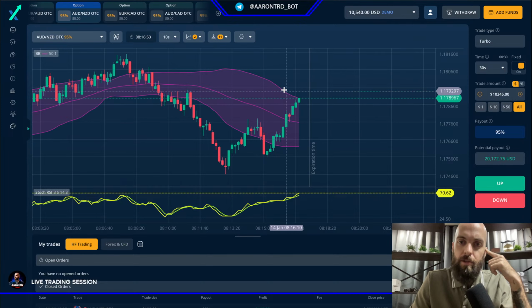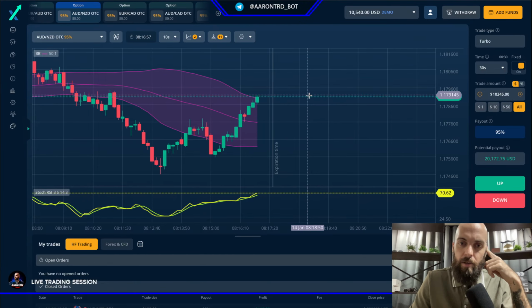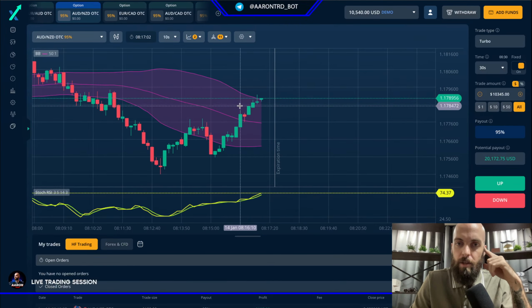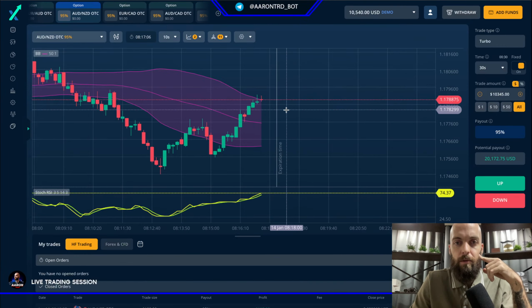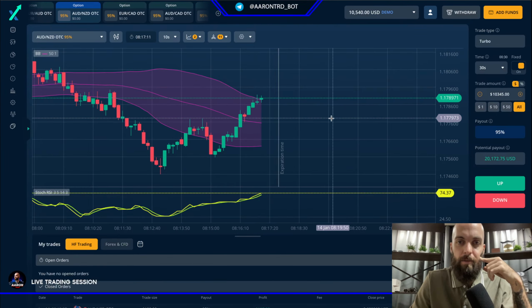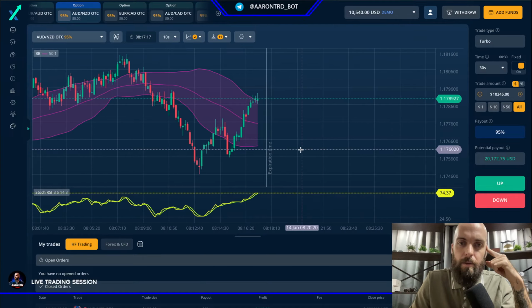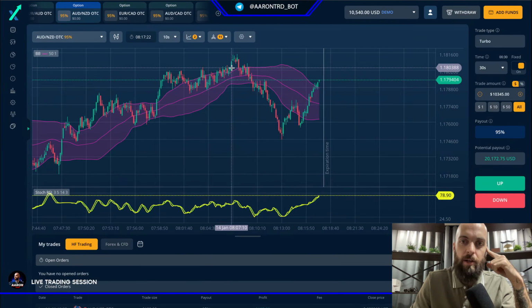So if we do touch the top here, like we're about to do, we can either look for a divergence with our oscillator and the candle pattern, or we can see if we got some breakout and retesting. This is a significant level, so it's going to be hard to break out of this area, it looks like.